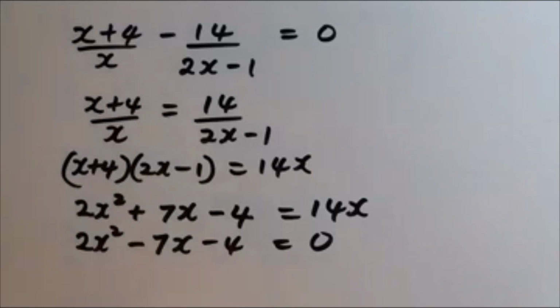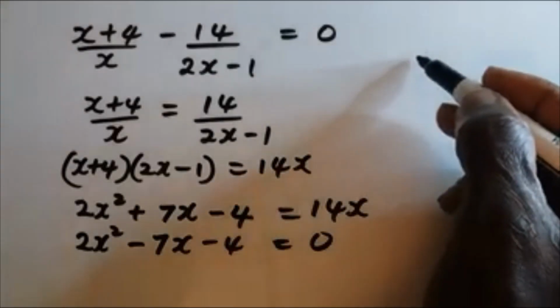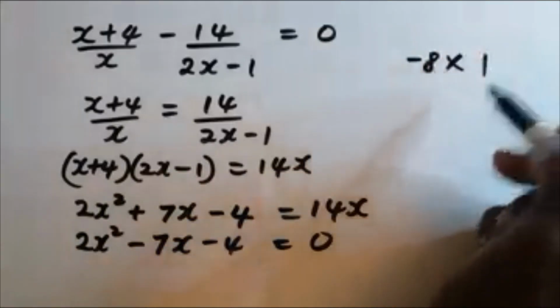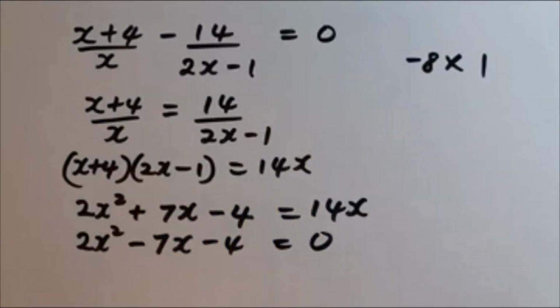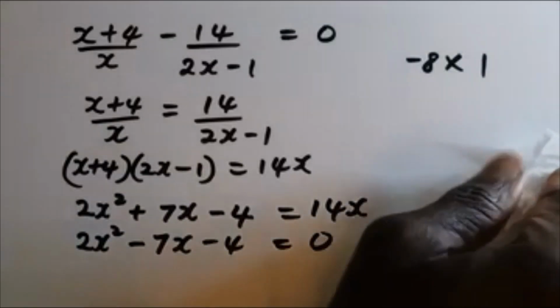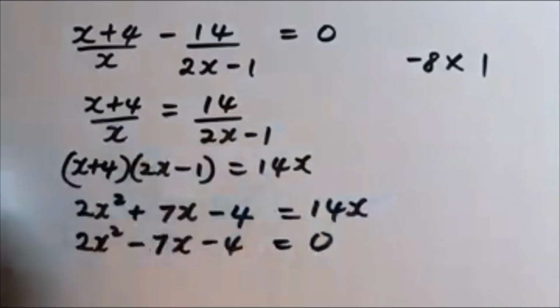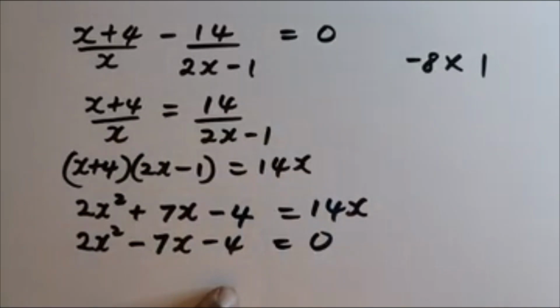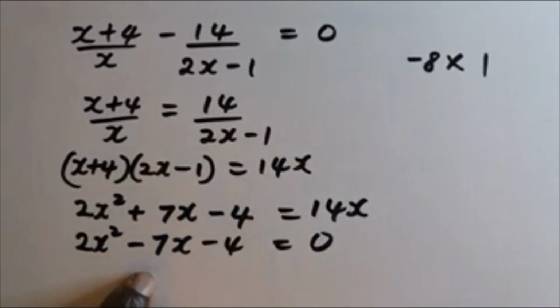And the two numbers, so minus 8 and 1, will give us minus 8 as the product, and when we add, this will give us the coefficient of x, which is negative 7.